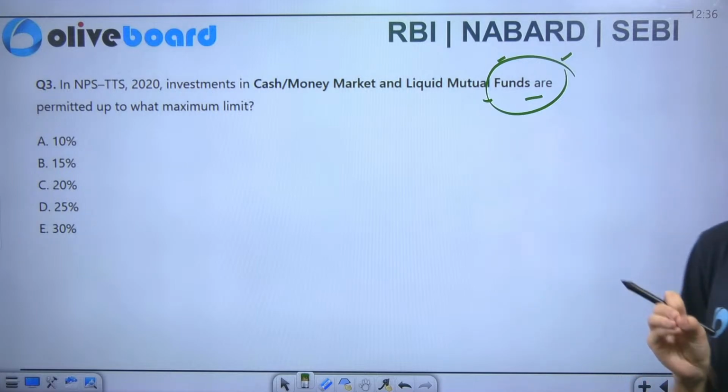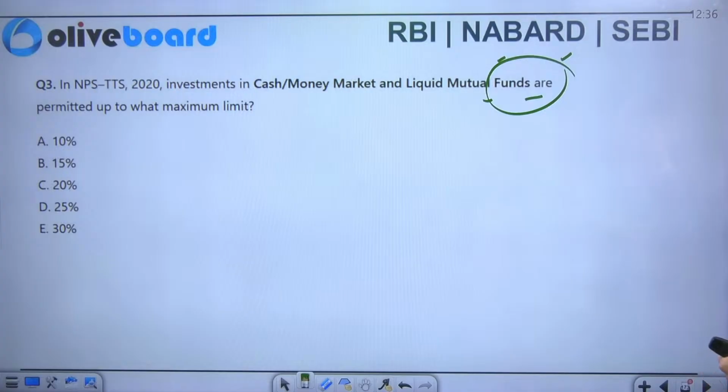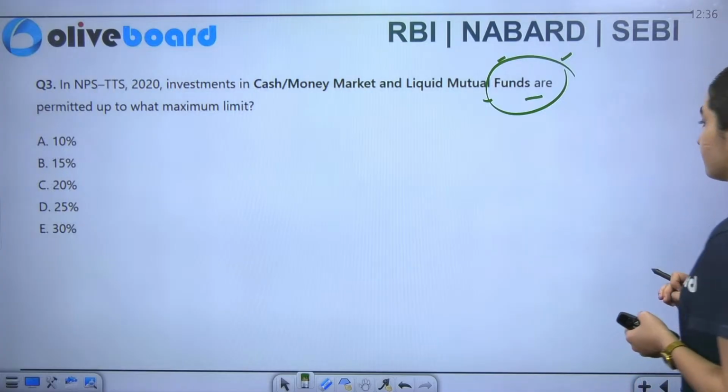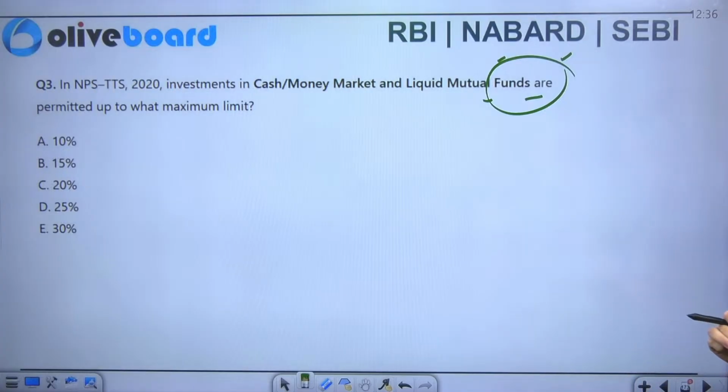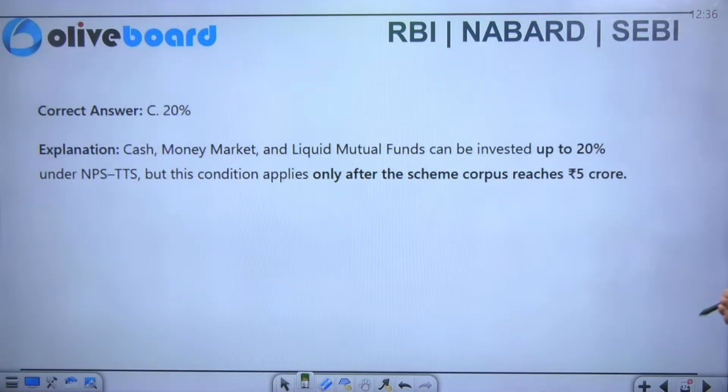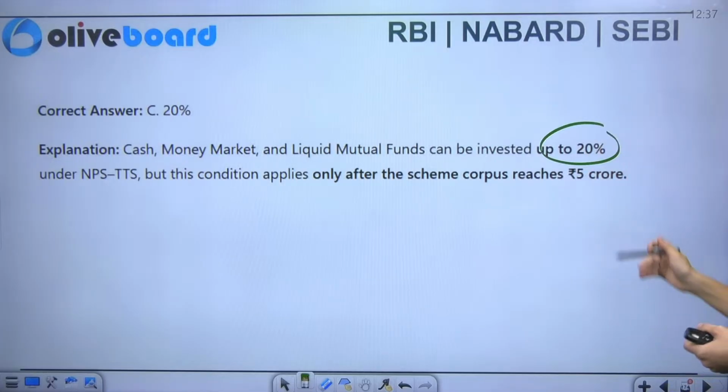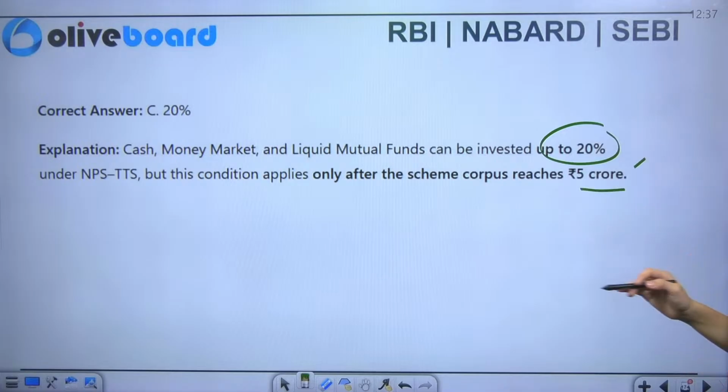Is it A, B, C, D, E? Alright, so this is 20%, that is cash, money market and liquid mutual funds can be invested up to 20%, but this condition applies only after the scheme corpus reaches 5 crores. So this is a condition that has been made on it.